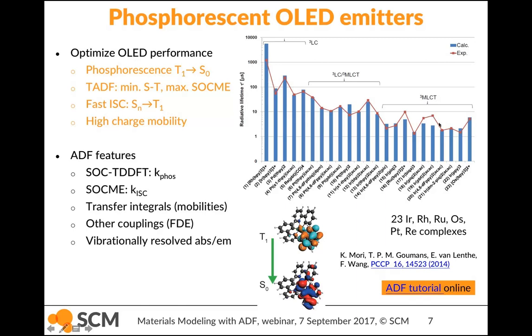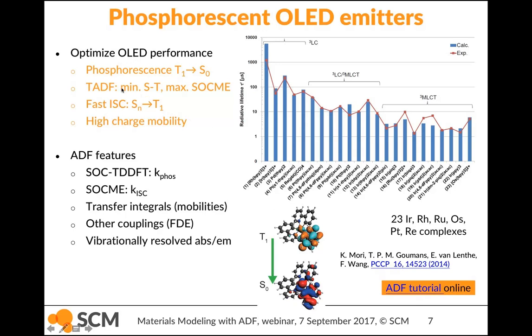So typically, especially for the faster emitting complexes, you would be well within the order of magnitude in terms of predicting the radiative lifetime when you do this spin-orbit coupling TDDFT calculation with ADF. There's also a tutorial online, so if I post the slides, then you can click through that, or you can just Google for that. And so that guides you through the process of how to do these types of calculations.